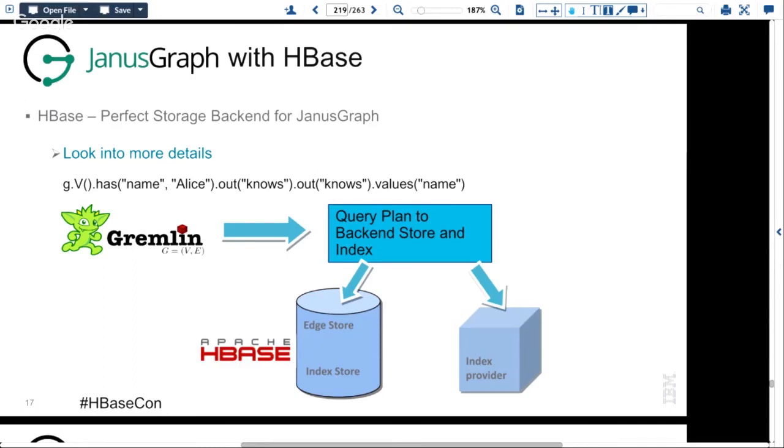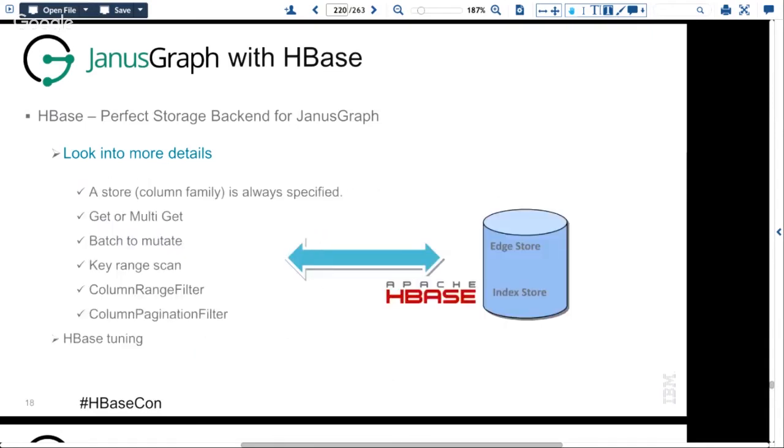And there are no stats. It's basically static translation, but it's being optimized. And you have a query plan that efficiently uses the index and the edge store to get your results.